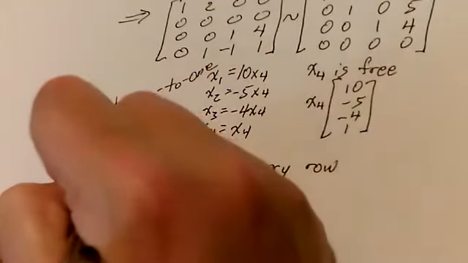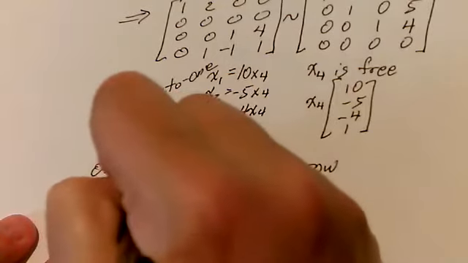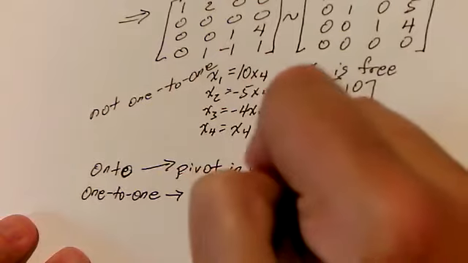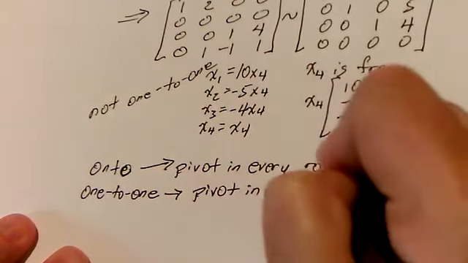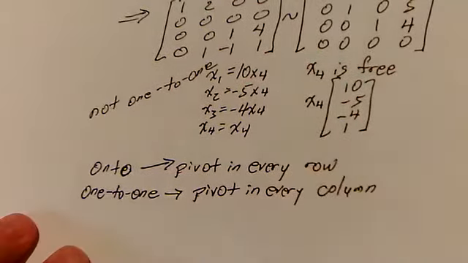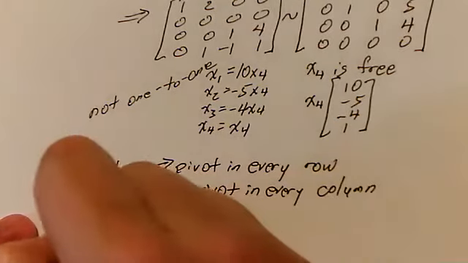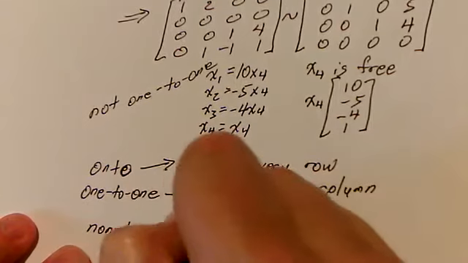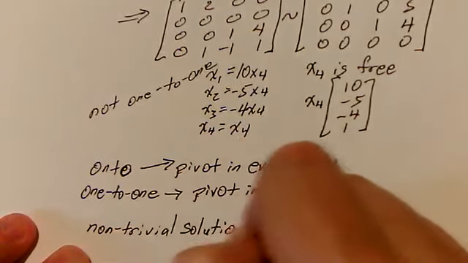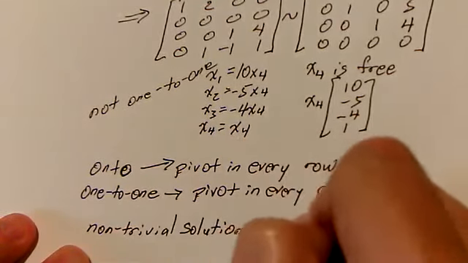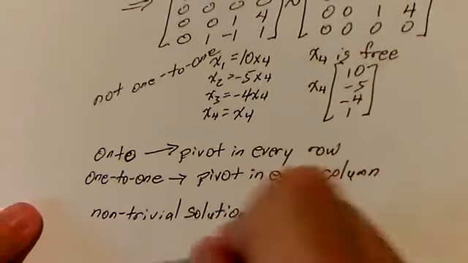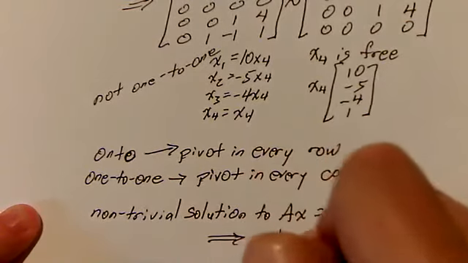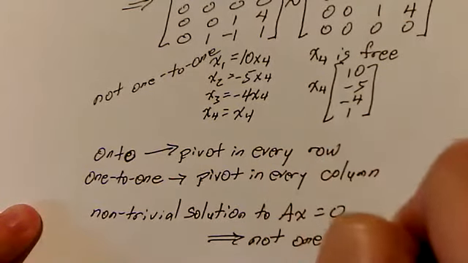If it's going to be 1-to-1, that means there is a pivot in every column. Going hand in hand with the idea of a pivot in every column is that if you have a non-trivial solution to Ax equals 0, then you are not 1 to 1, because that means you don't have a pivot in every column.